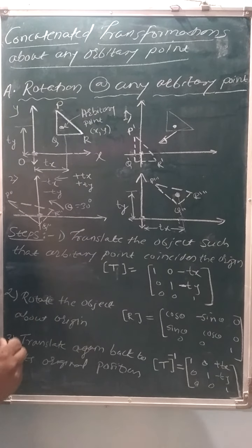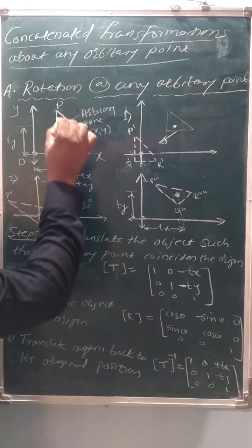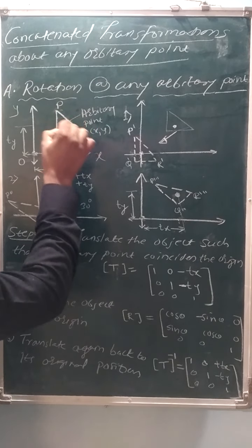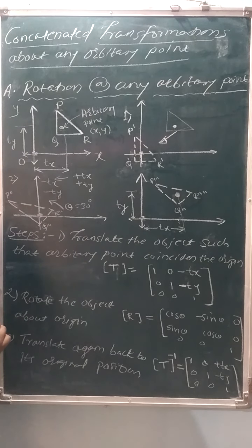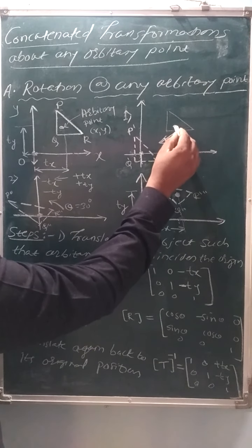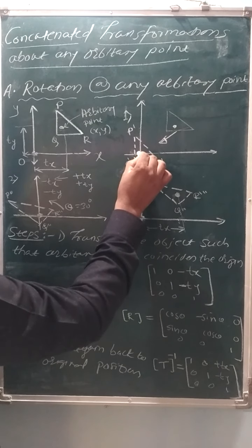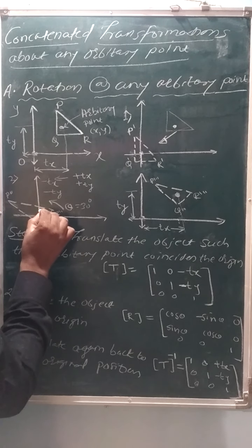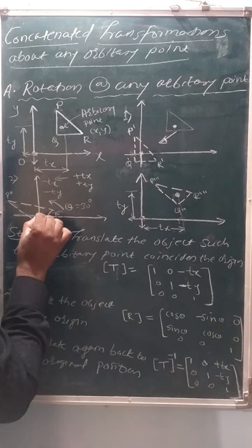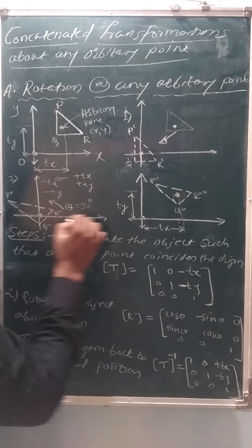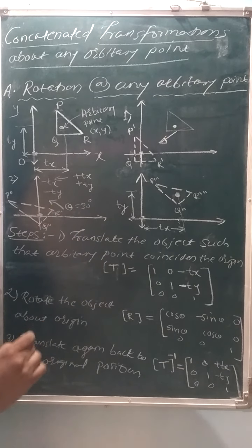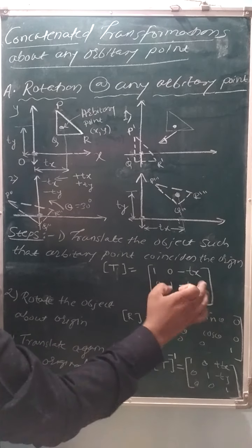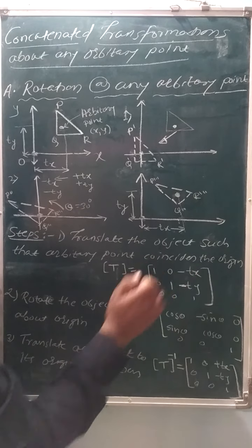So I am repeating again. This is the original diagram, the original graphic element. It's any arbitrary point other than the figure, or that point may be on the diagram itself. So in the first step, we are coinciding this arbitrary point to the origin. After coinciding, we will rotate it. After getting the required rotation, we will retranslate to its original position. So there are three matrices. First matrix, translate by distances minus tx and minus ty.